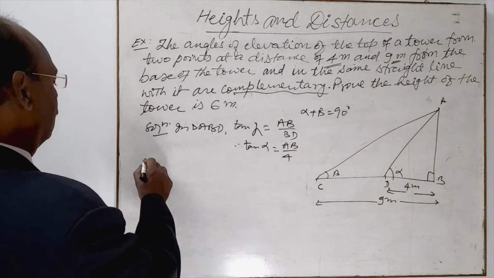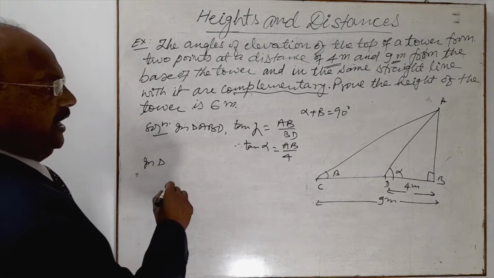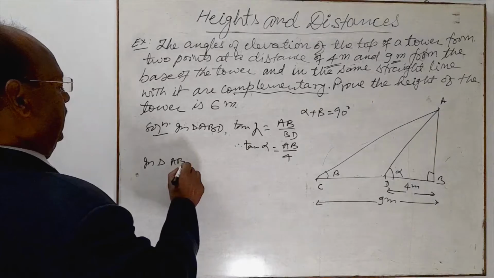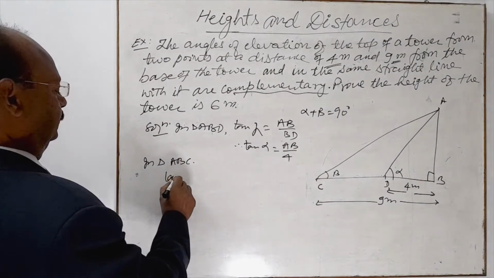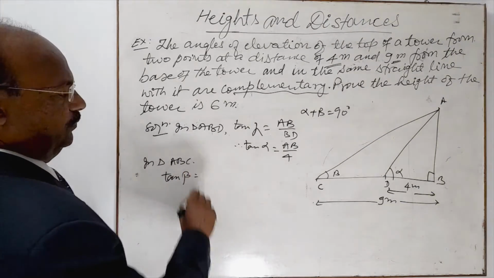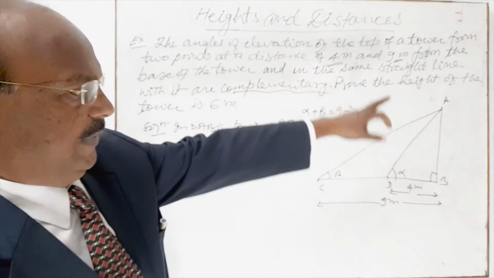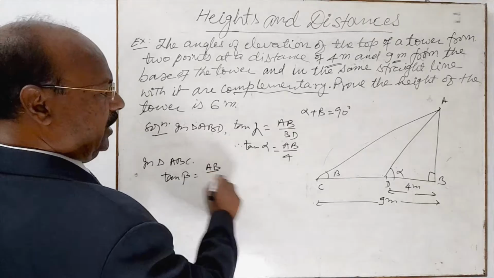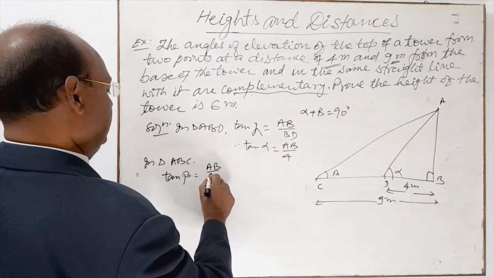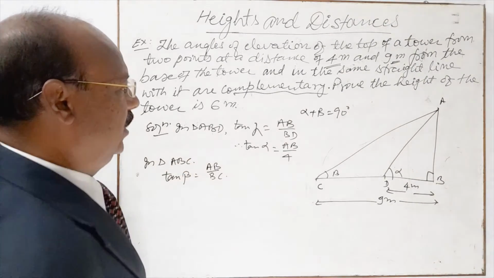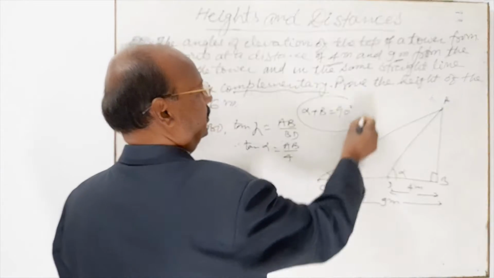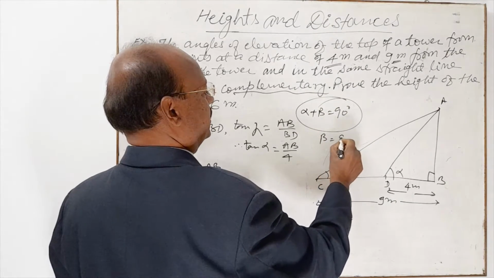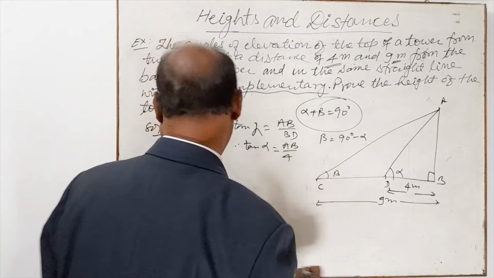Now in triangle ABC, let us take tan of beta. Tan of beta, again perpendicular is the same AB and base is BC. From here, we can write beta is equal to 90 degree minus alpha.